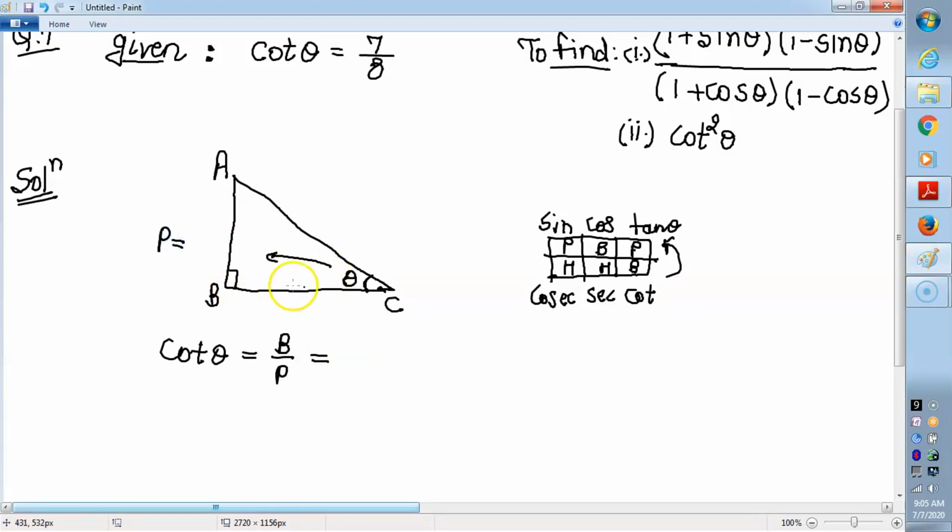Side opposite to 90 degrees is always hypotenuse, means AC is the hypotenuse, and the remaining third side, adjacent to angle theta, is the base. So BC is the base. Now according to the question, cot theta is base upon perpendicular, means BC upon AB. What is the value given in the question? It's 7 by 8.